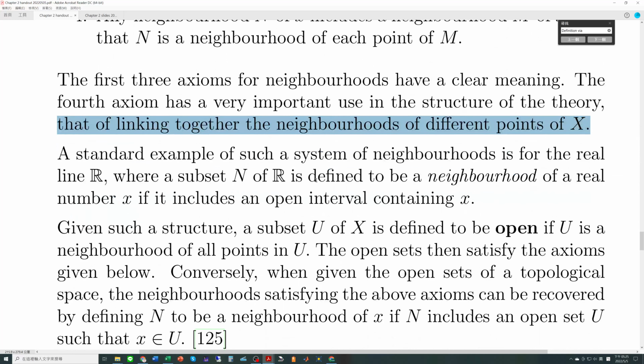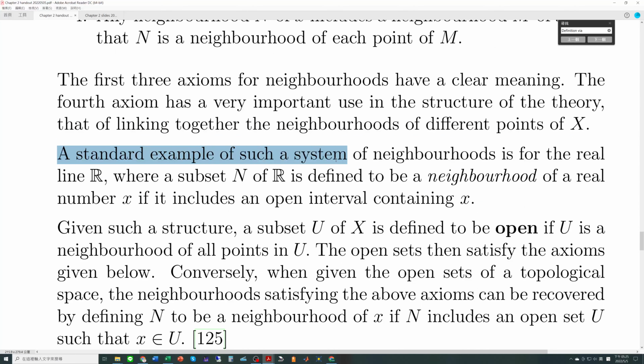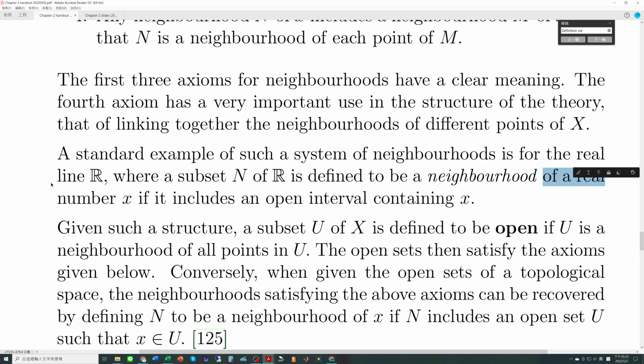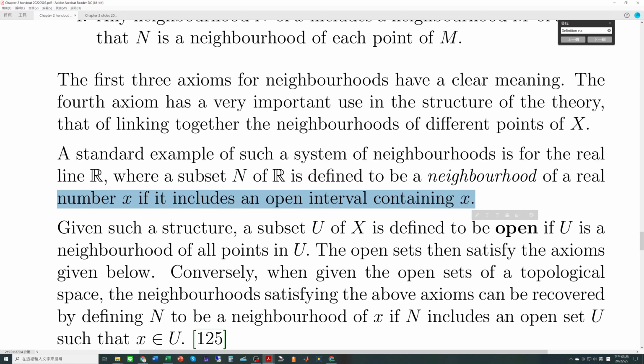Let us see an example. A standard example of such a system of neighborhoods is for the real line R, where a subset N of R is defined to be a neighborhood of a real number x if it includes an open interval containing x.